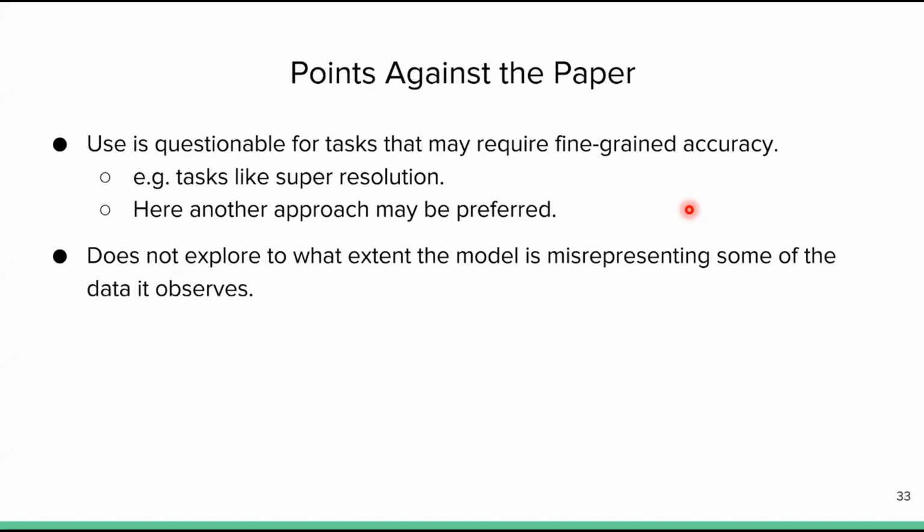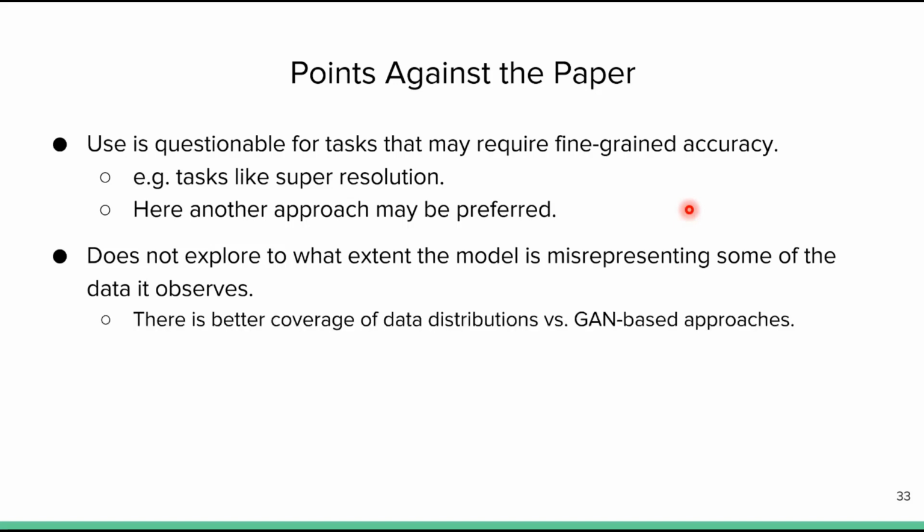Another point against the paper is that it doesn't really explore to what extent the model is misrepresenting some of the data that it sees. I know this is a problem with diffusion models in general, but it is especially true with latent diffusion models because they are essentially a two-step process. Let me backtrack a little.